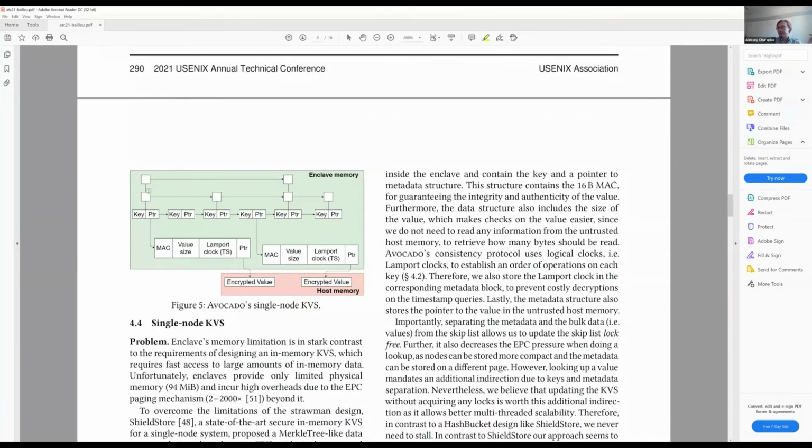So yeah, this is how they orchestrate the key value store on a single machine. As I already mentioned, the data is not in the enclave, it's in the host memory. So in the protected memory, they only keep enough information to point to the data where it sits, like the size of the data to read, the version, and the information that will be used to detect if something has been tampered with, like if the data was replaced and whatnot.